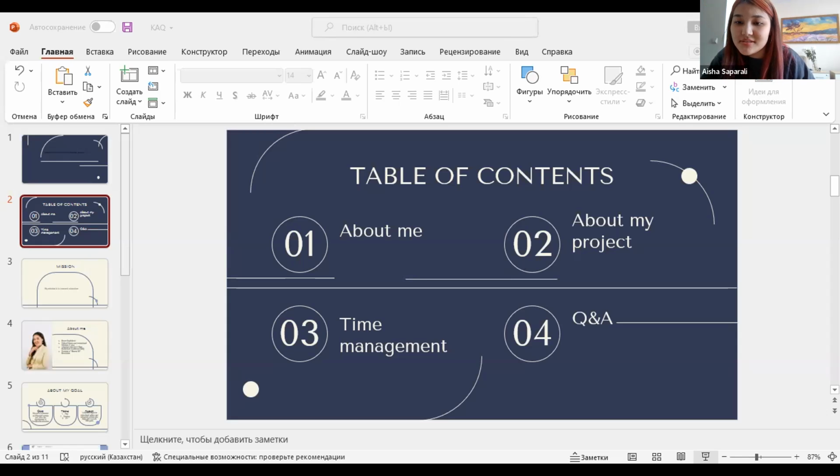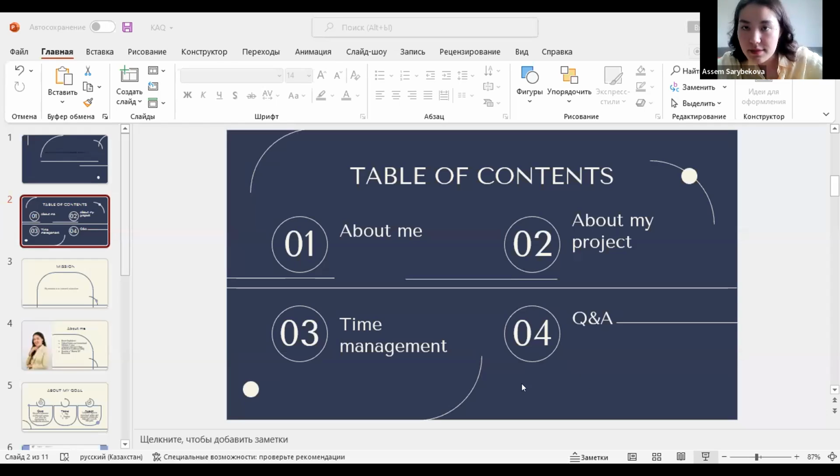It is the same. It's on the page of table of contents. No, sorry. Yes, you can share it again if you want to. Okay. I don't understand what's happening.